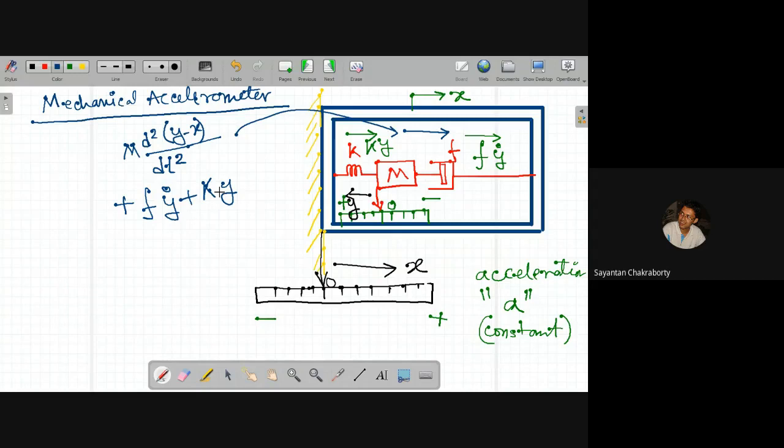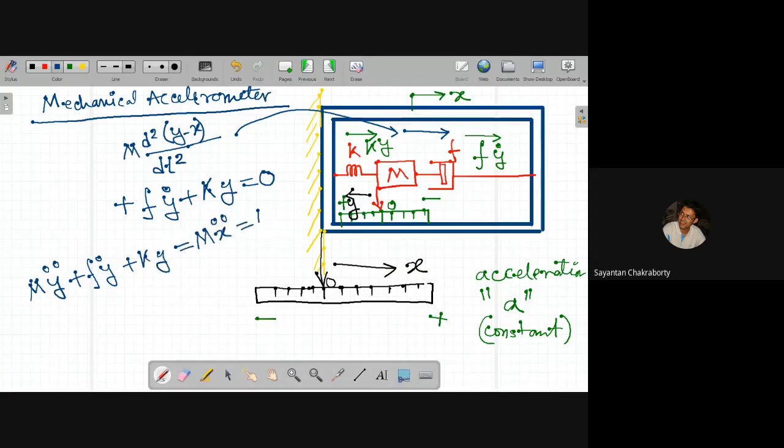Now the equilibrium position will be determined when this is equal to 0. If we break down this y minus x component, we'll have m y double dot plus f y dot plus k y is equal to m x double dot.